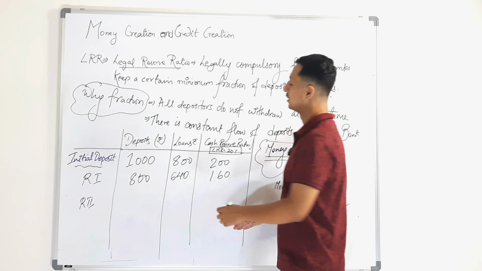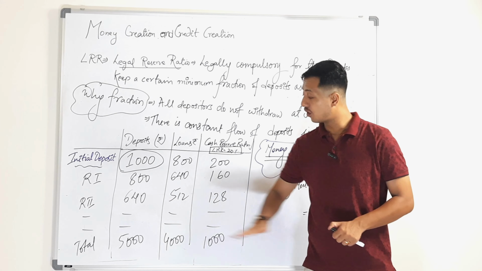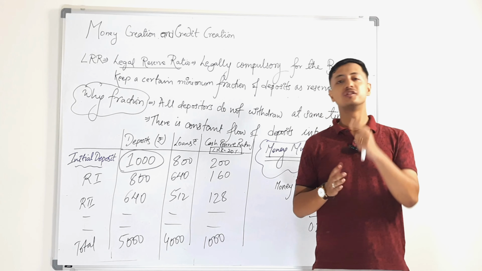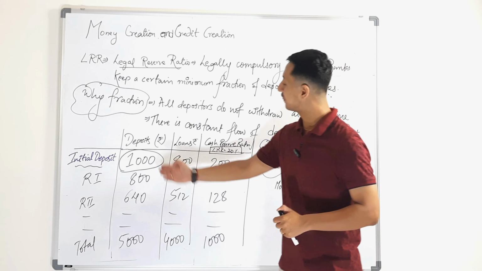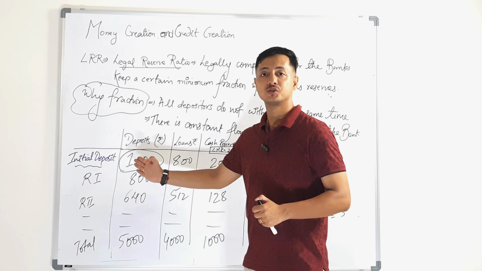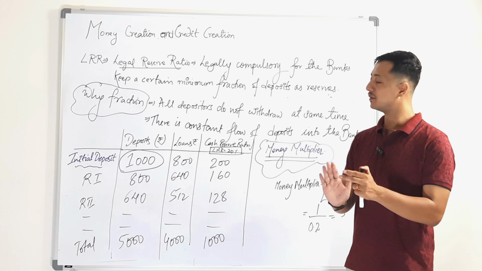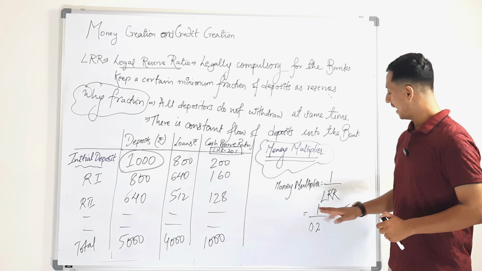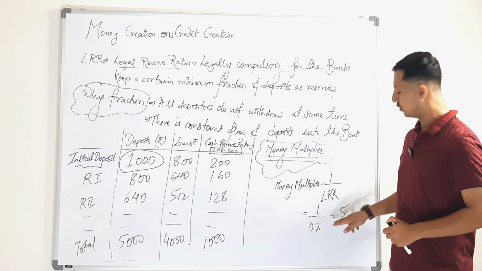Alright, so now banks are able to create a total deposit of 5000 with initial deposits of 1000, right? So simply, money multiplier is 5 over here, so the total deposit becomes 5 times the initial deposit.